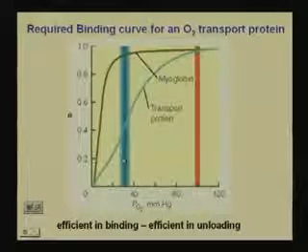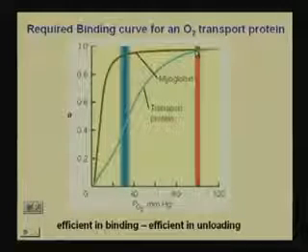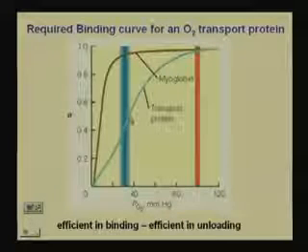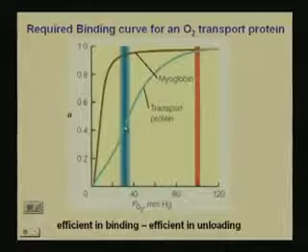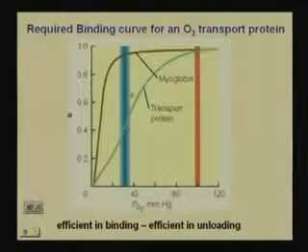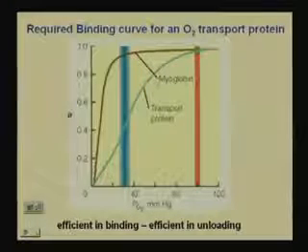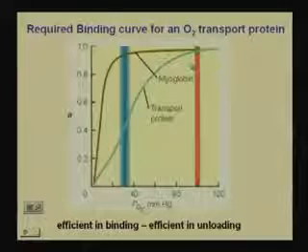So what does hemoglobin do? It is very efficient in taking up the oxygen in the lungs, and it is also efficient in unloading the oxygen in the tissues, which is what you want. Okay? So this is what would be the required binding curve for a protein that would transport oxygen.